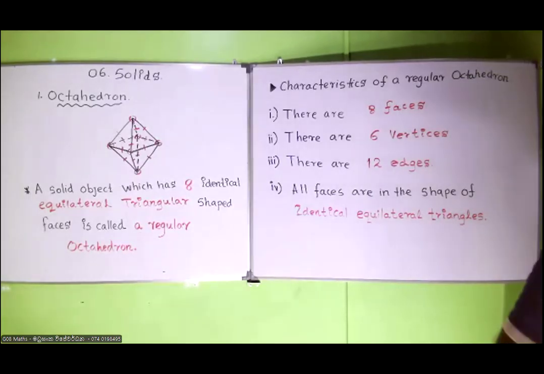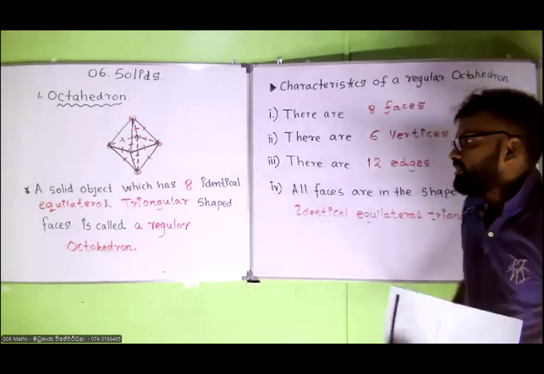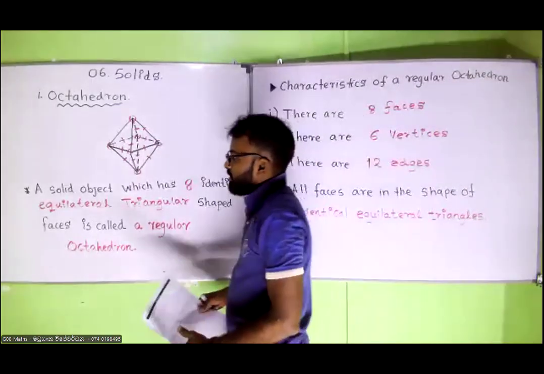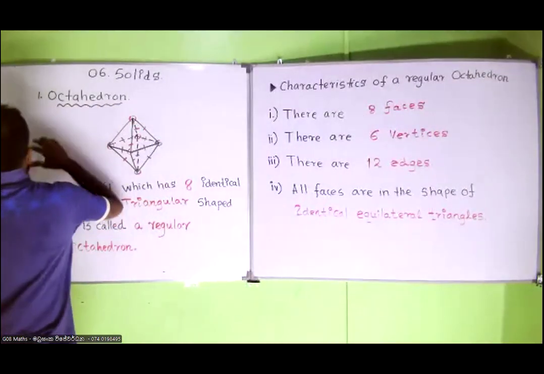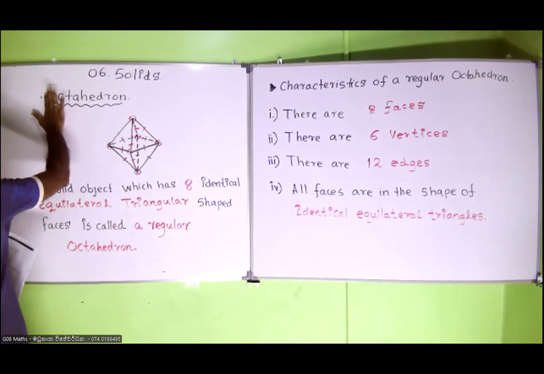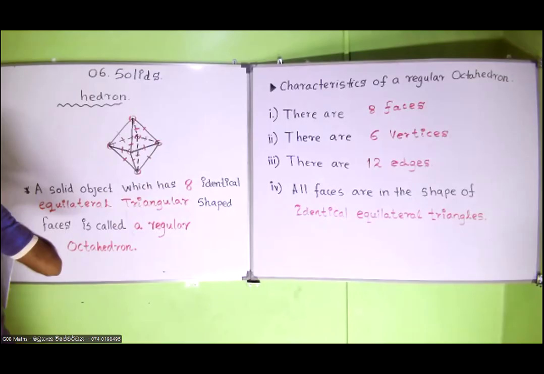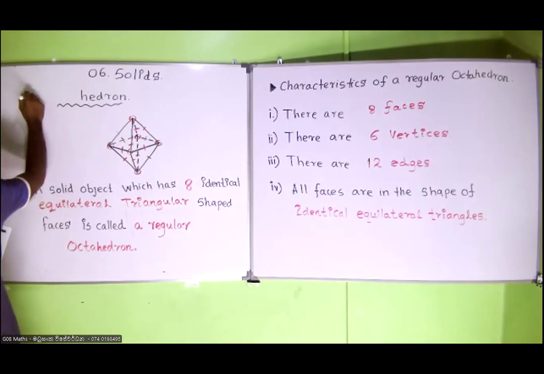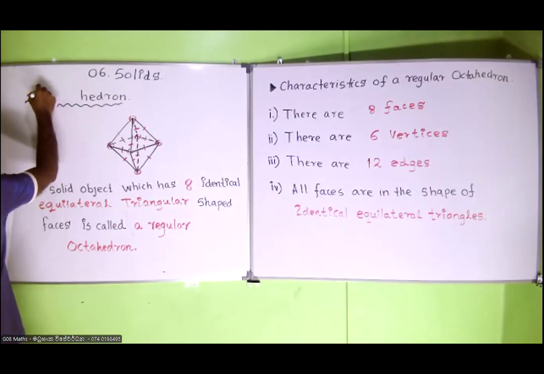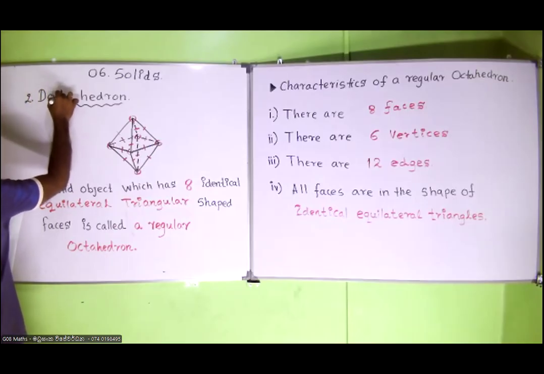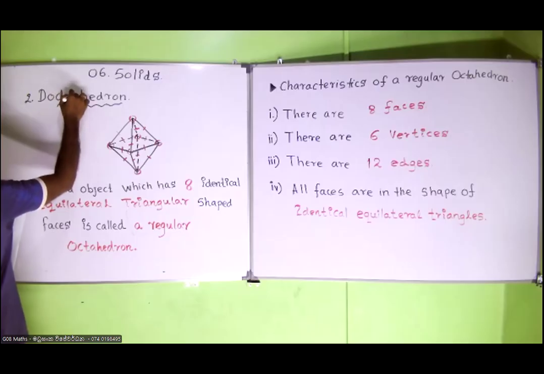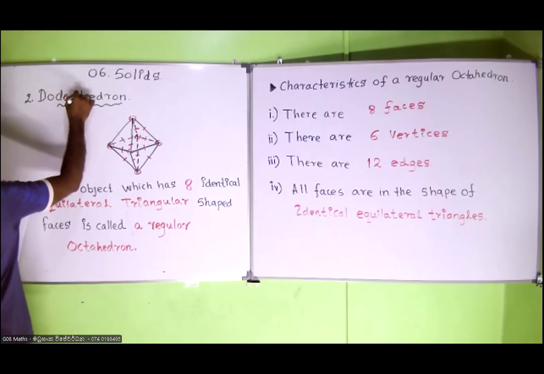So now the first thing is over. The first solid is over. Now we are going to move to our second solid. The second one is called dodecahedron.